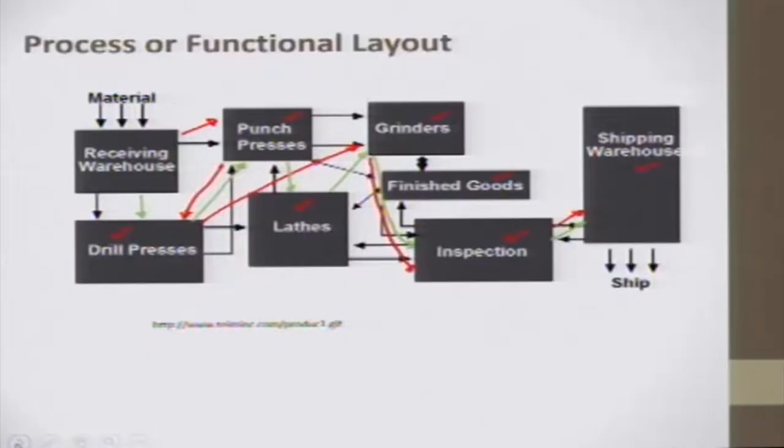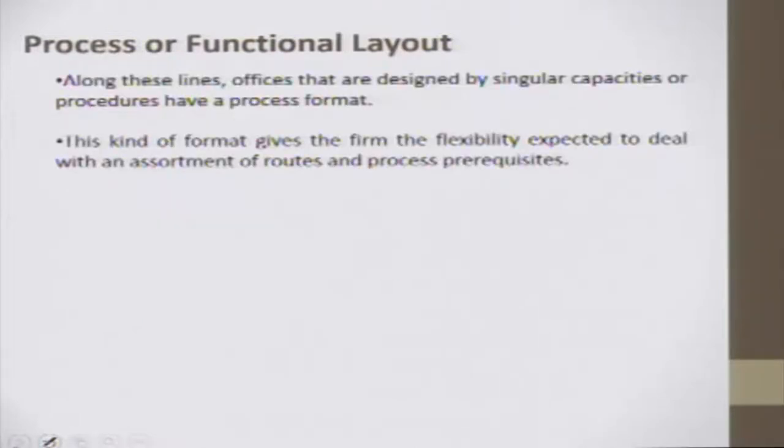A machine shop could have various machines like a punch press, drill press, lathe, grinders, finished goods, inspection, and the shipping warehouse. We can also have CNC machines, an NC section, a CNC section, and certain similar sections here.